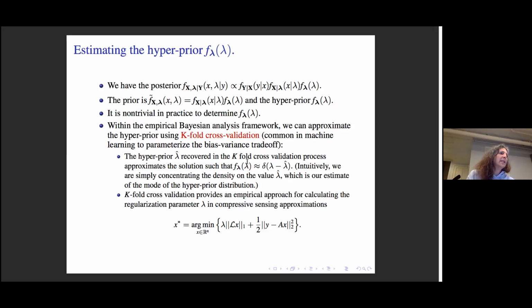This is a standard technique, which I'm happy to show you the algorithm for, or you can find it on Wikipedia. The idea is that you make the prior concentrated, concentrating the density on the value lambda hat that comes out of this k-fold cross-validation. And as I already said, this is probably a good lambda to use in your standard L1 regularization if you know nothing else, because at least then you have some reason to choose that lambda.